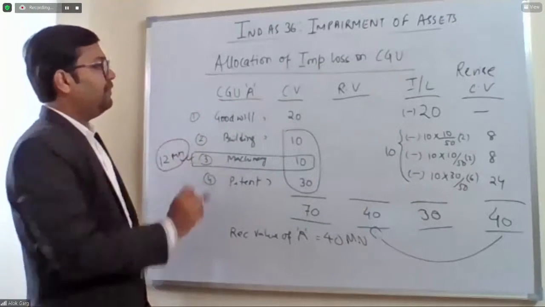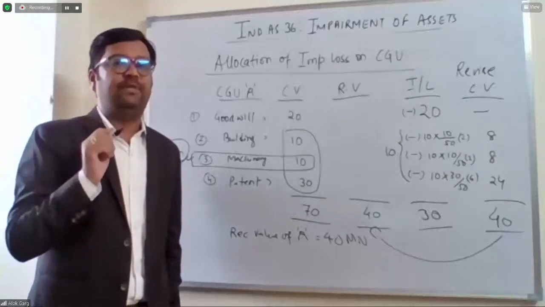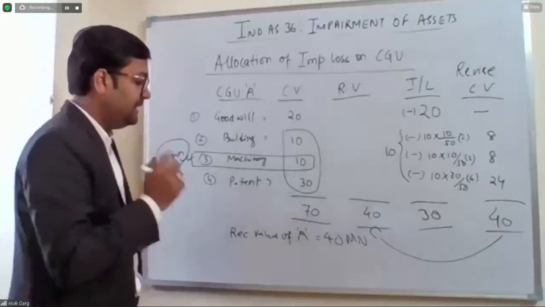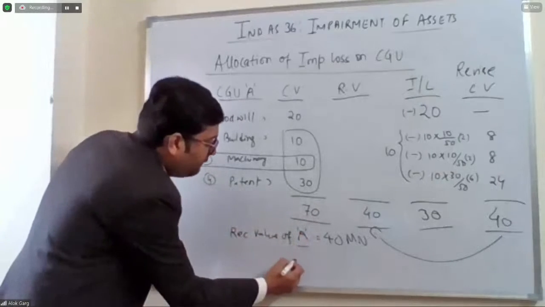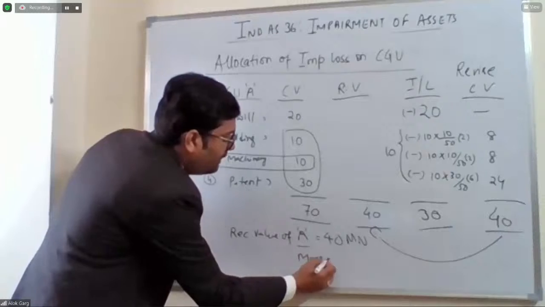So now two pieces of information are given in the question. What are the two? The first one is the recoverable value of CGU A is 40 million, and the recoverable value of machinery is 12 million.